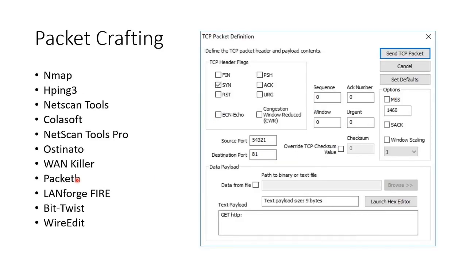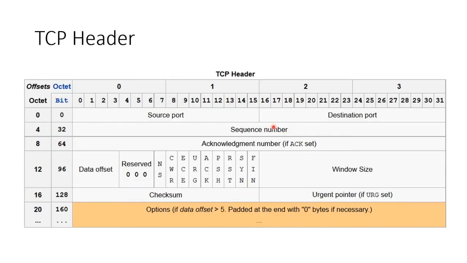Packet crafting is merely the act of checking these little flags and checking sequence numbers and manually manipulating the flags, the sequence numbers, the acknowledged numbers, whether it's urgent or not, the window size, the source and destination port. It's the act of doing this purposely rather than letting it happen naturally.